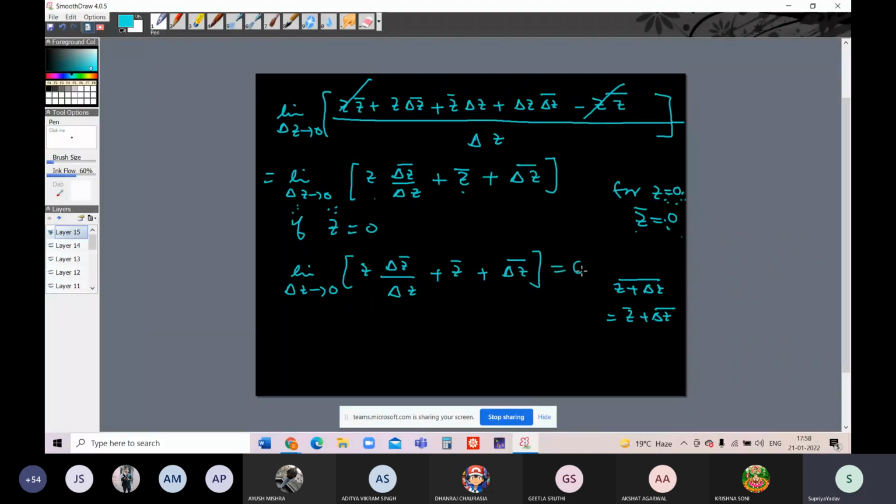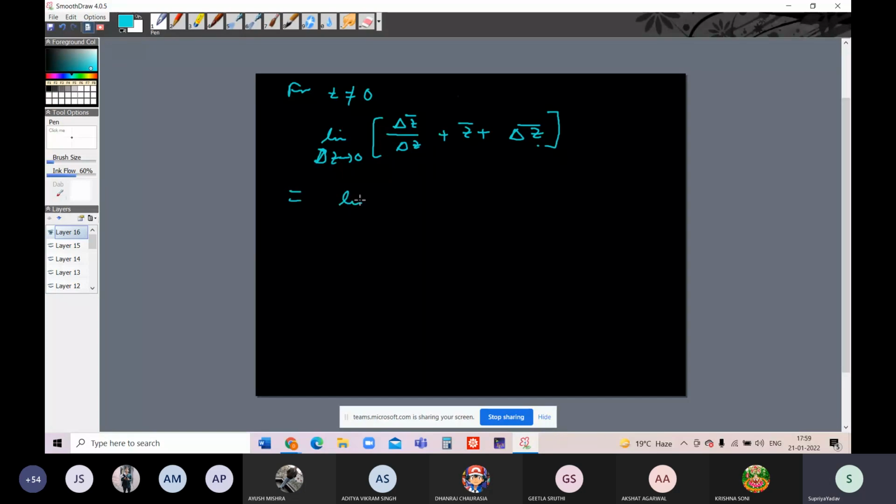But if z is not equal to 0, z is any point other than origin, so what will happen? For z not equal to 0, limit delta z tends to 0 of z delta z bar upon delta z plus z bar plus delta z bar. Okay.